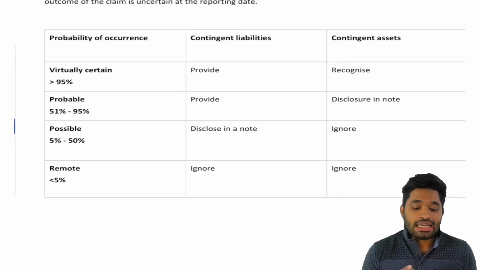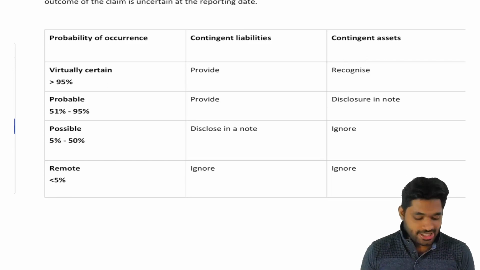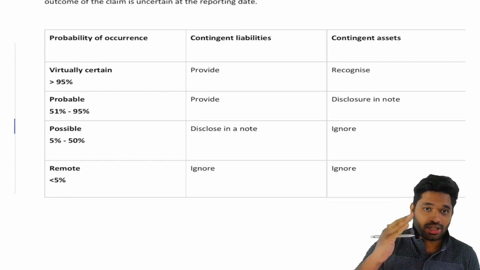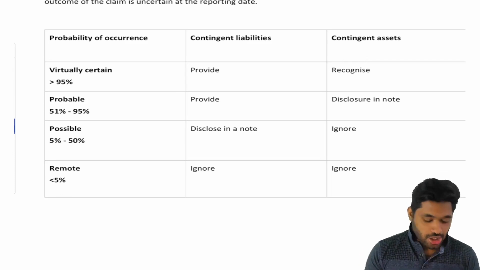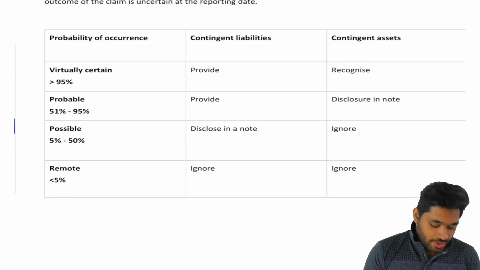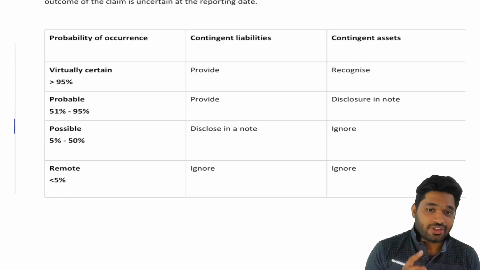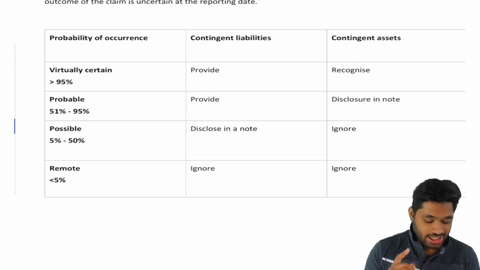Now, when you look at liabilities, if the probability of occurrence is above 50%, that means there is a probable outflow of economic benefits, right? So at 51% to 95%, that is probable.